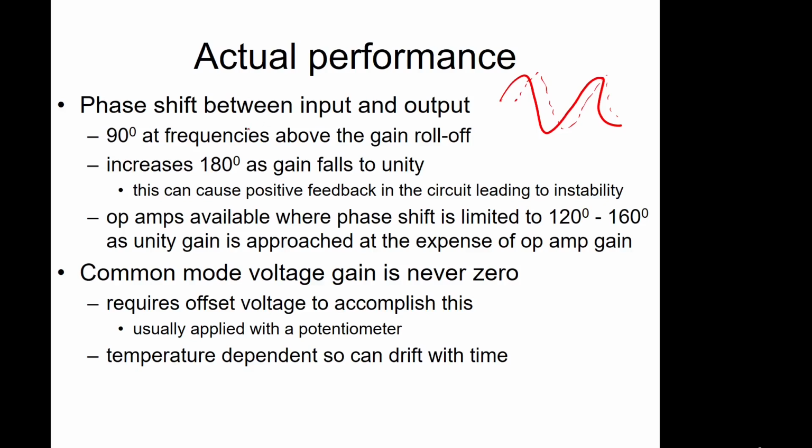The problem does come, however, when the phase shift approaches 180 degrees. The trouble with that is that in your op-amp you have negative feedback. So you've got an op-amp arrangement here with some negative feedback going into it, for example. We've got feedback going in here. If this is in phase with the input, then the negative feedback gets taken away from your input signal, so the input minus this feedback signal is calculated here.